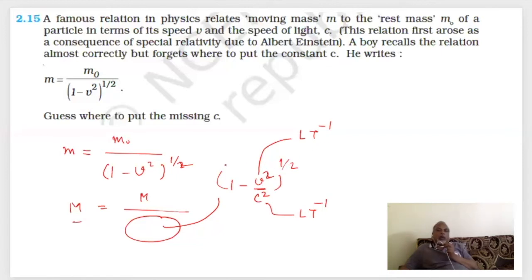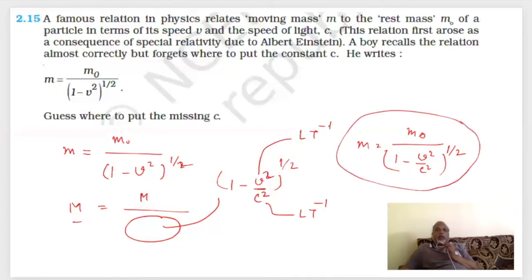This is how we can make the denominator dimensionless. So our new formula will be m0 upon (1 minus v square upon c square) to the power 1 by 2. Correct? So this is the correct formula. This is how we can find out from dimensional analysis. It's very simple.